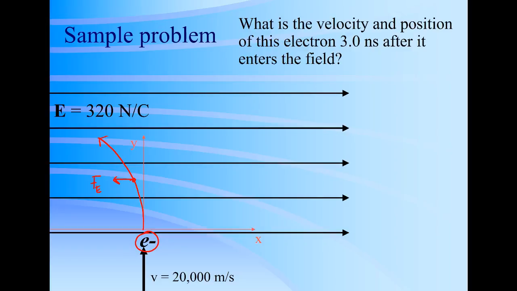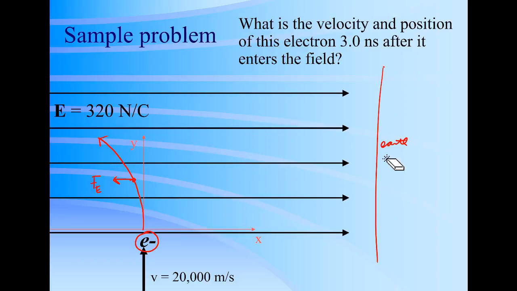If this was the gravitational field pointing down towards the surface of the Earth, and you had a baseball that you threw, it would curve this way because the force of gravity would be pointing downwards. This is the same concept: we have a constant y velocity but a changing x velocity because of the electric field.